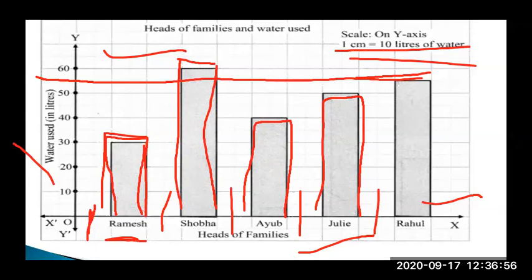So 55 will be after 50, the small 5 lines, and then you will draw a bar. If this type of sum comes, you have to count those lines 1, 2, 3, 4, 5. So it becomes 55, and you will draw a bar over there.